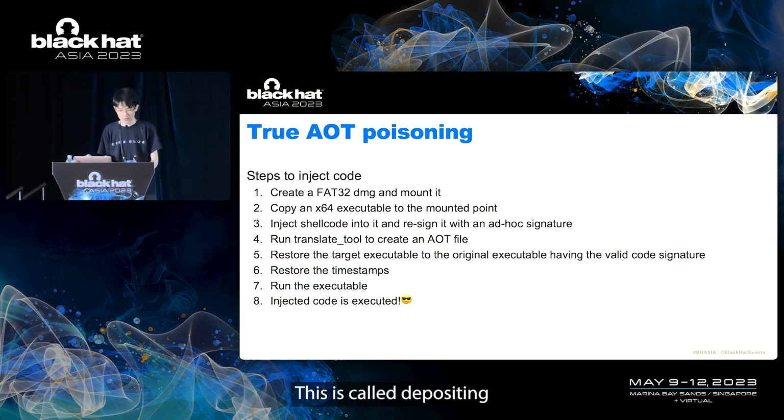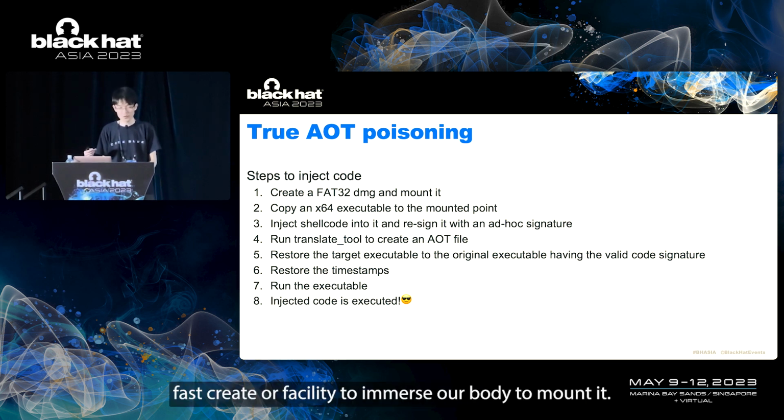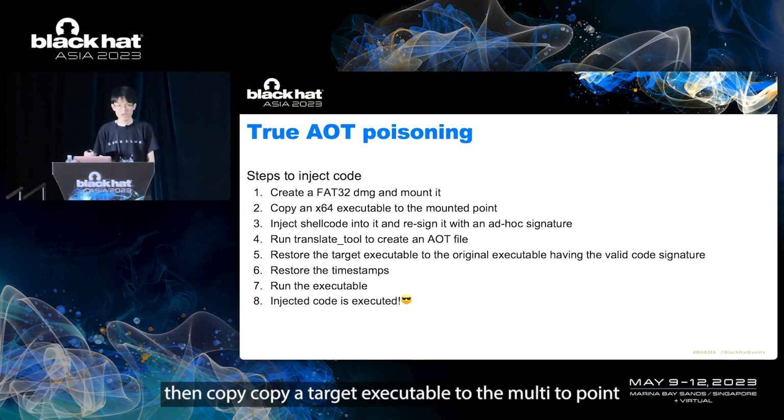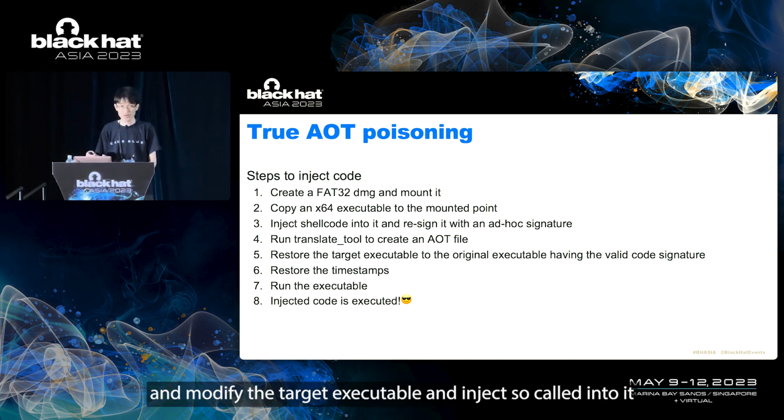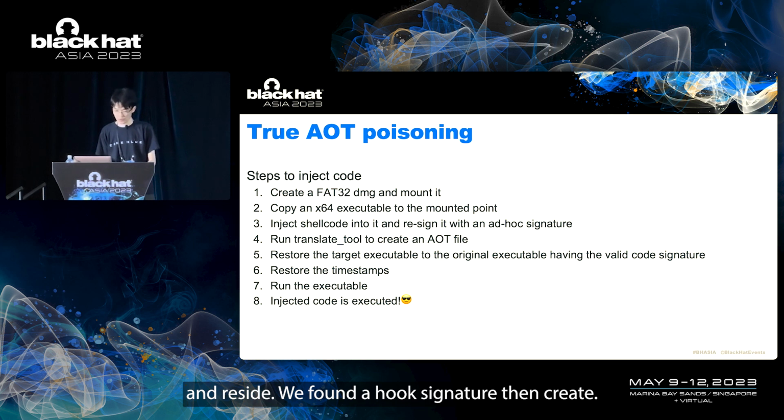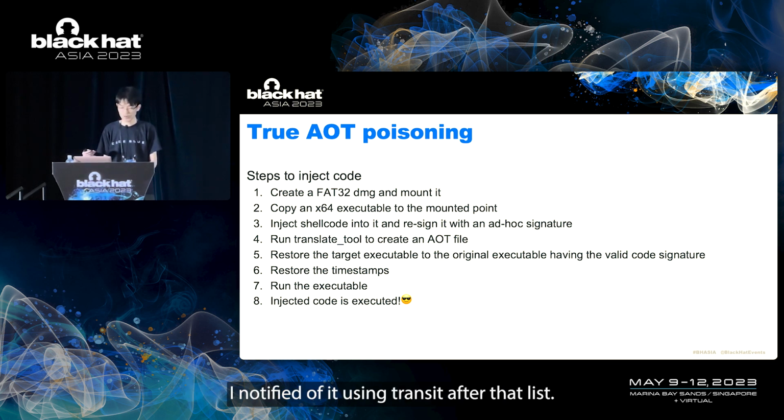Okay, so the steps to inject code are as follows. This is called AOT poisoning. First, create a FAT32 image and mount it using the hdiutil command. Then copy a target executable to the mount point. Modify the target executable, inject shellcode into it, and resign it with an ad hoc signature. Then create an AOT file of it using the translate tool.